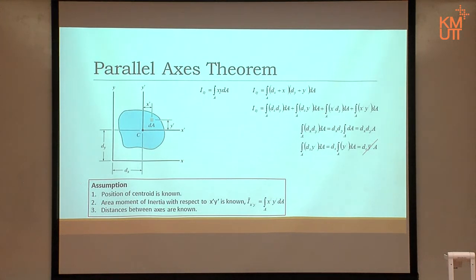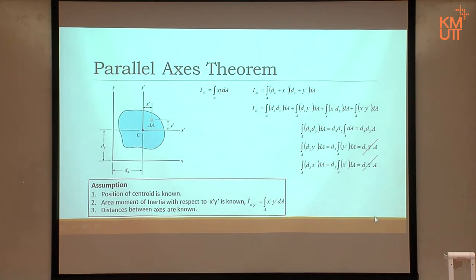Okay? The third term, similar pattern, we'll take dy out. That one is the expression to find x bar. This time it means x bar in x prime y prime axis, right? Again, because y prime is sitting on the centroid, the measurement of x bar prime is 0.